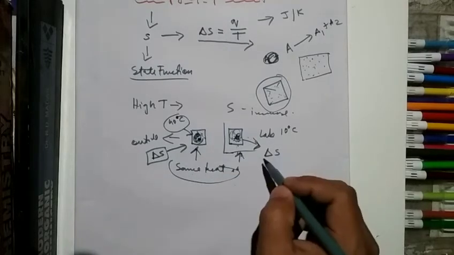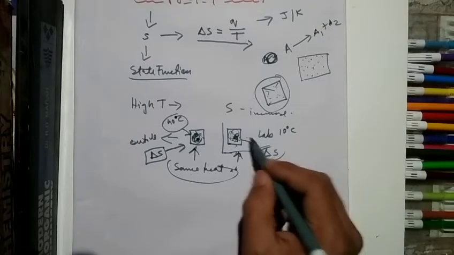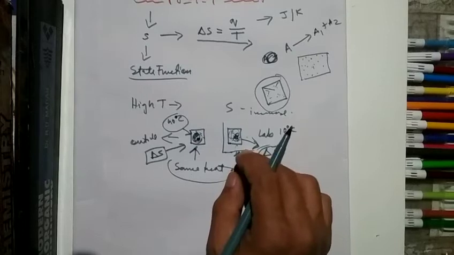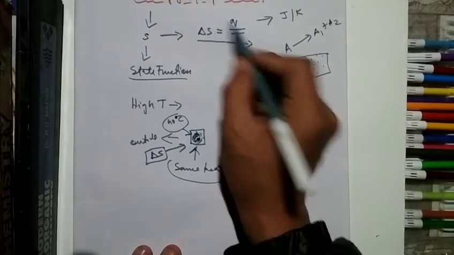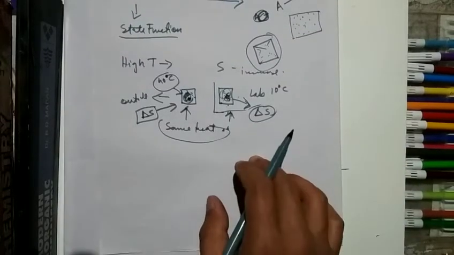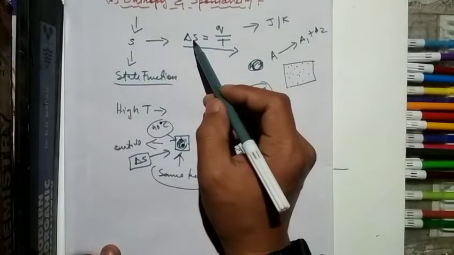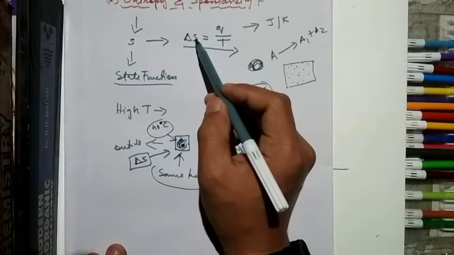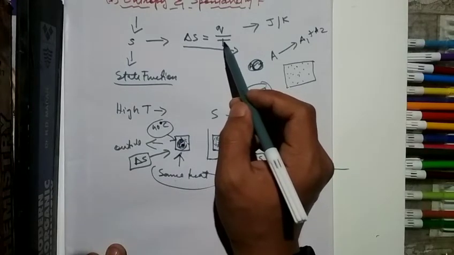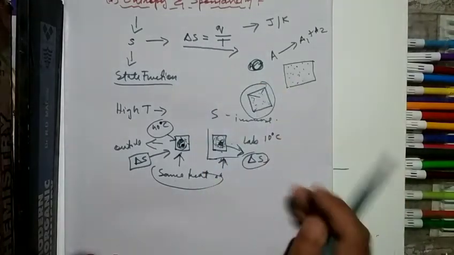At low temperature, there will be higher delta S. That's how we got that delta S is inversely proportional to temperature. It simply means that when the change in entropy increases, the temperature should be lower, and when the temperature is higher, the entropy change will be small.